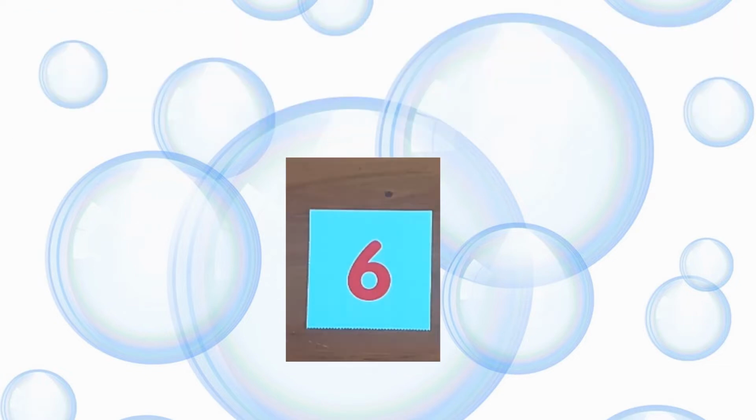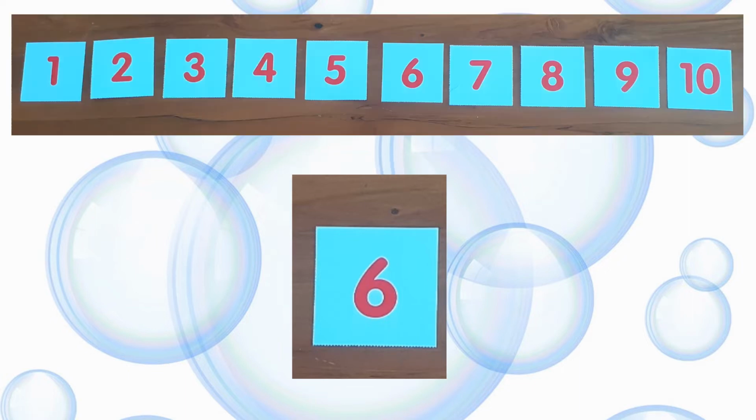With that, using the number line now, a little bit trickier. What number comes before 6? Shall we double check on the number line? We've got 6, and the number that comes before 6 is number 5.